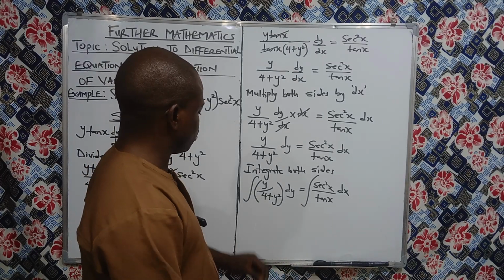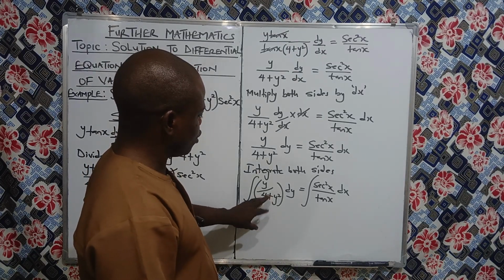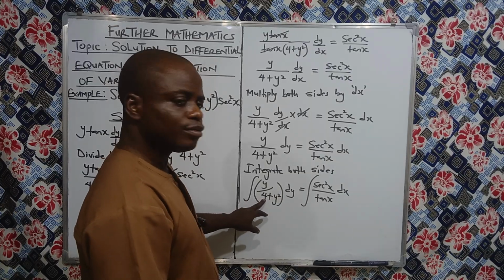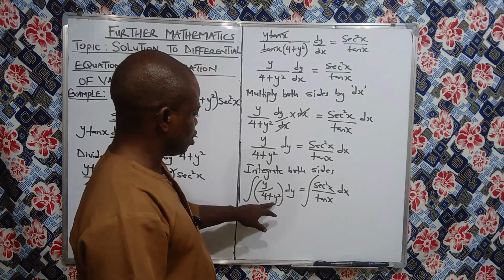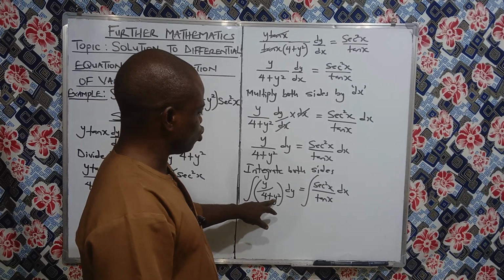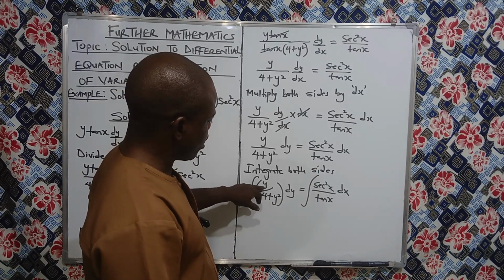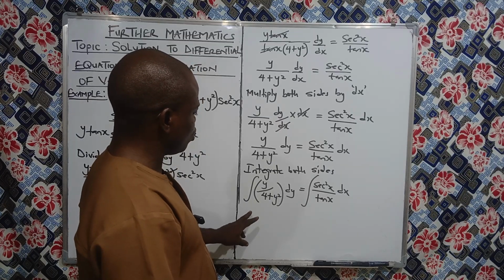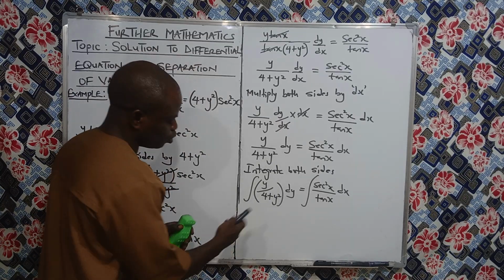At this point, when you differentiate 4, you have 0. When you differentiate y squared, you have 2y. You have y here at the numerator, so what you need to do is to add 1 over 2.